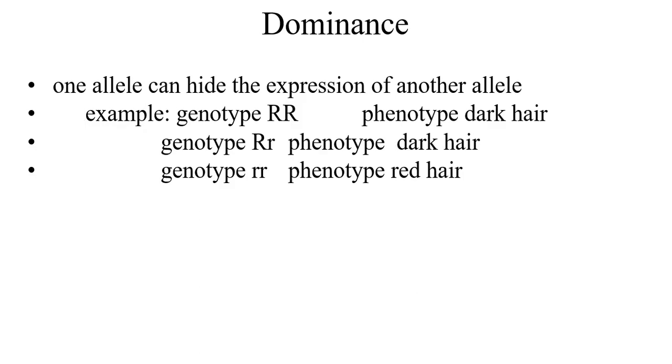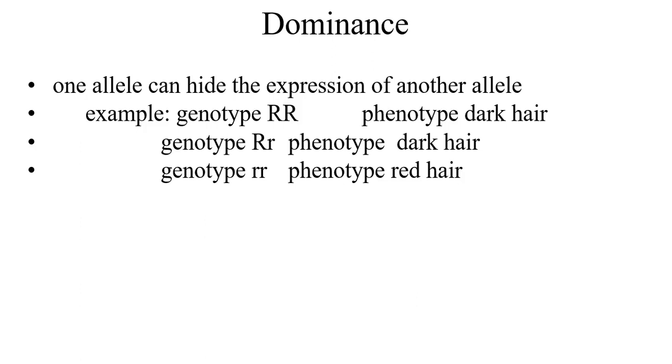Now we've got the mechanism by which these alleles interact with each other. And one mechanism is dominance. At the end of this, we're going to have a different mechanism called incomplete dominance. And you need to be familiar with the pattern that would be seen due to dominance versus the pattern that would be seen due to incomplete dominance.